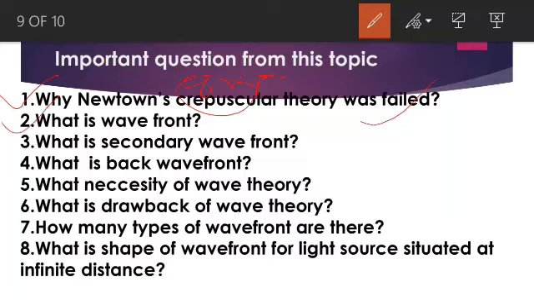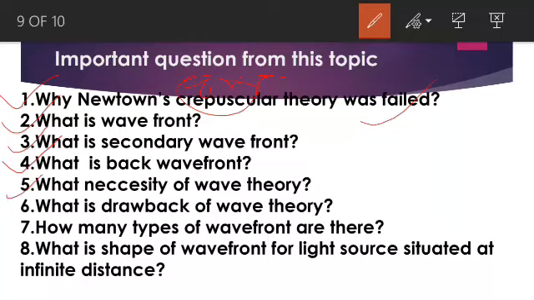We have already discussed the definition of wavefront in the previous slide. Third, what is secondary wavefront? We have also discussed secondary wavefront. Number four, what is back wavefront? We have also discussed the back wavefront, and we also said that there is no existence of back wavefront.